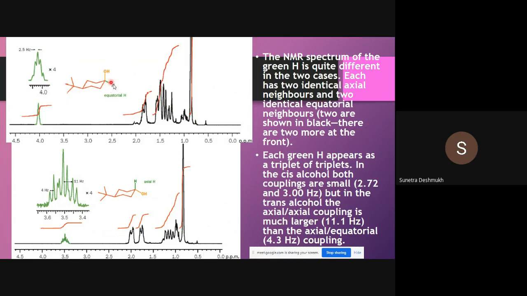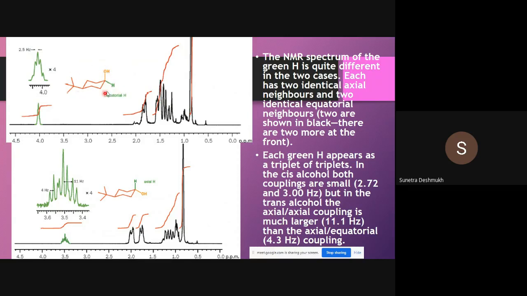As this green hydrogen is equatorial, it cannot give the highest coupling constant. Here we got 2.5 hertz as the J3 coupling constant value. This J3 value of the green hydrogen itself indicates the presence of an equatorial hydrogen, and that means this NMR proves that if the hydrogen is at the equatorial position, then obviously the hydroxyl group is present at the axial position.